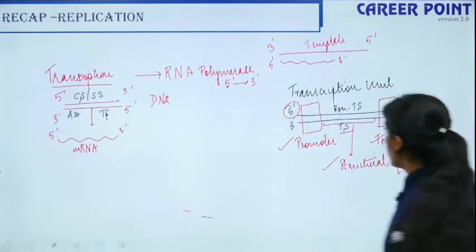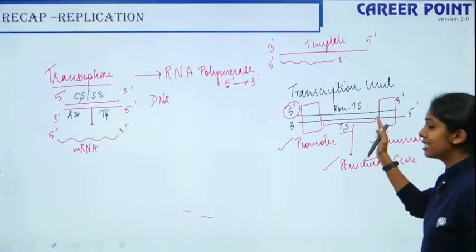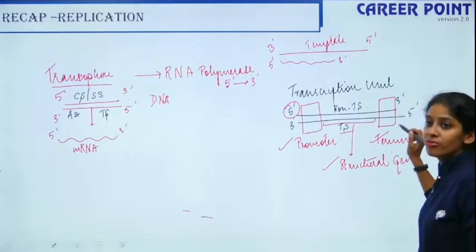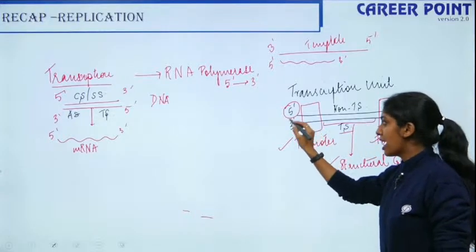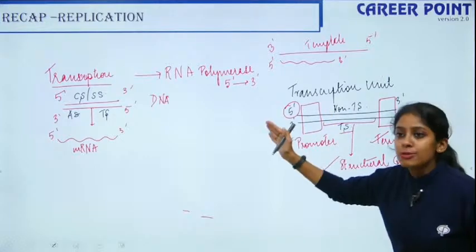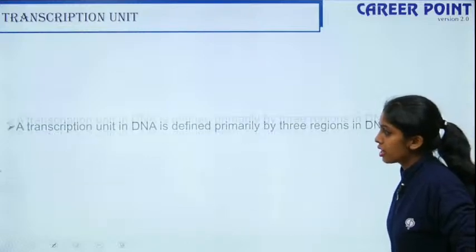Okay. So you understood what is a transcription unit? The transcription unit has three things: one is the promoter, then you have a structural gene, then you have a terminator, right? And please make sure you write the position of the terminator and the promoter with respect to the template strand. Done? Okay, so here we talk about the transcription unit.